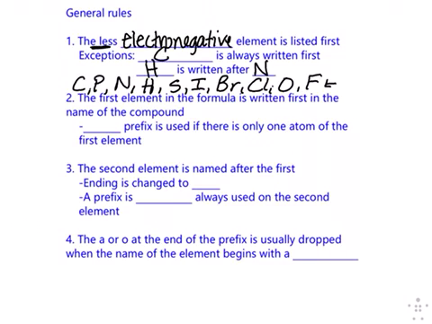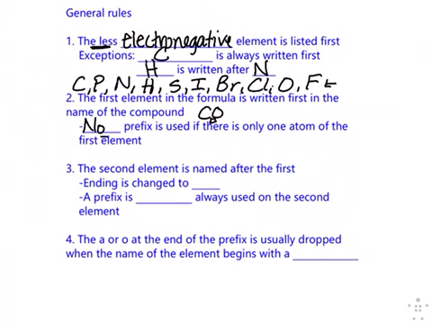The second rule is that the first element in the formula is written first in the name of the compound. There will be no prefix used if there is only one atom of the first element. So here's an example of a molecular compound, CO. Since there is no subscript here, we know that there is only one carbon.